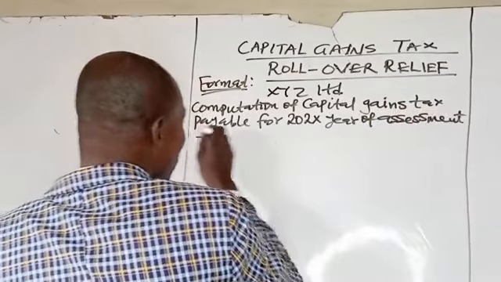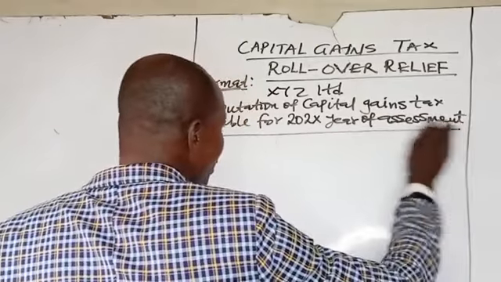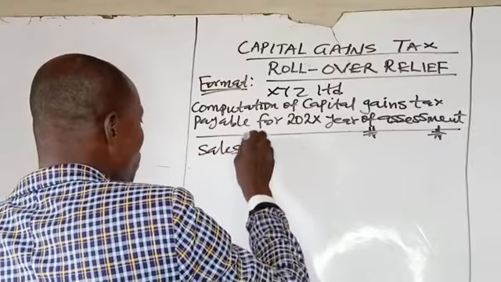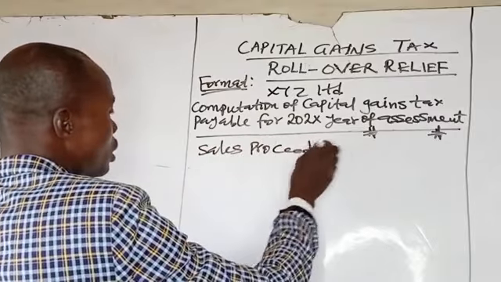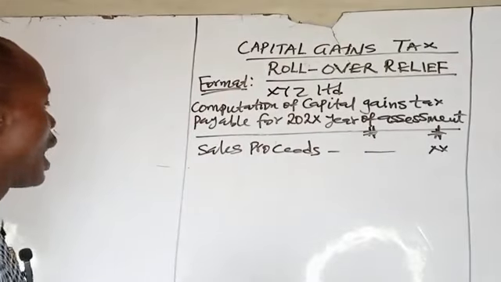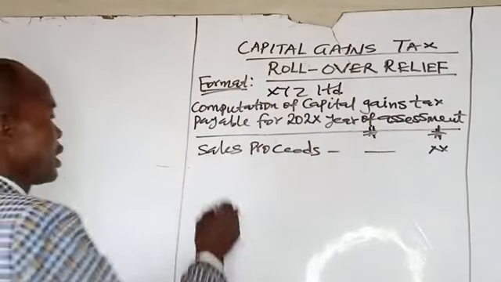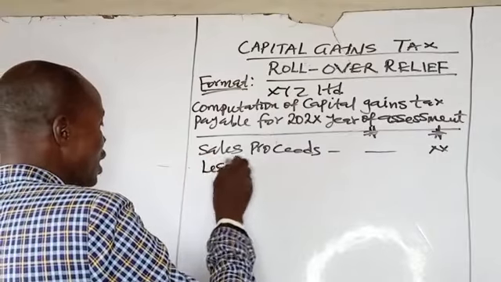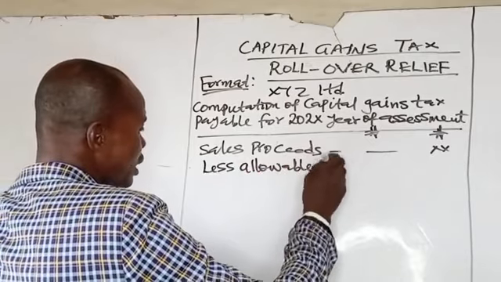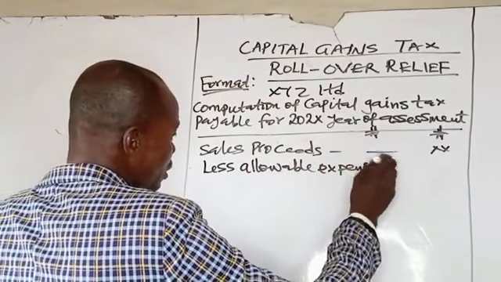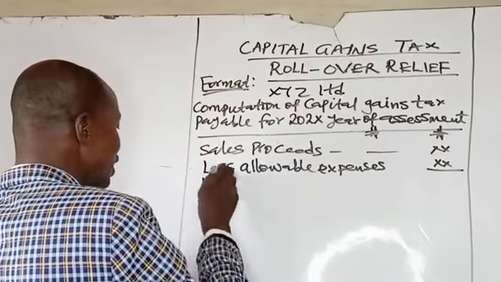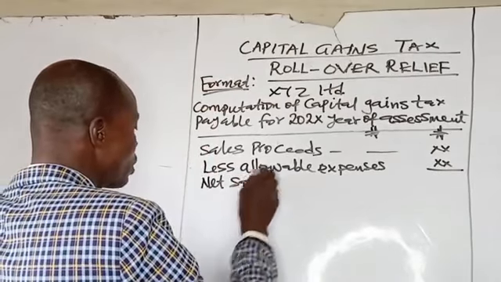So you start with the sales proceeds. From sales proceeds, you less allowable expenses. So you get net sales proceeds.